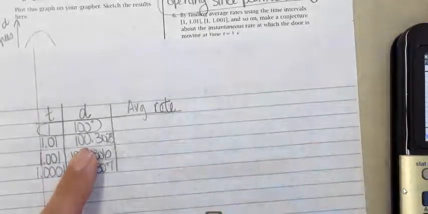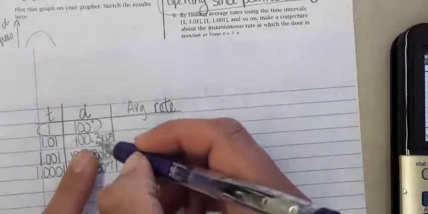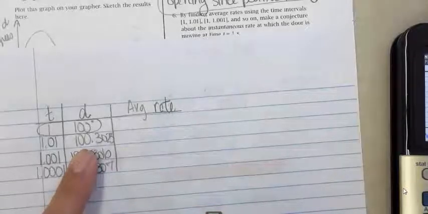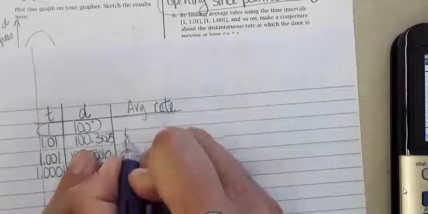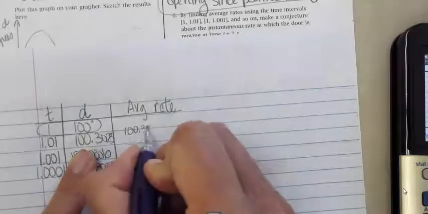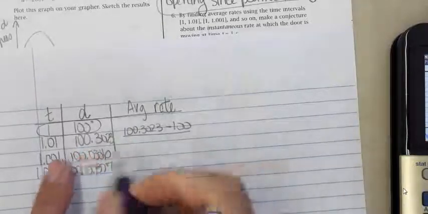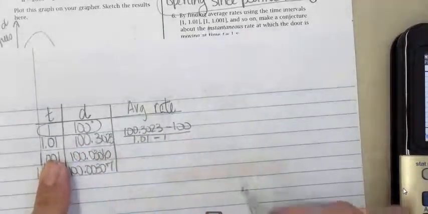So let's see. I'll go ahead and show you what I'm doing with the math, right? So we're going to subtract these two. I'll take the bigger number, subtract 100. And I guess I could write it out the first time. So it'll be 100.3023 minus 100 on top. That's for my degrees. And then over the change in time, which is 1.01 minus 1.